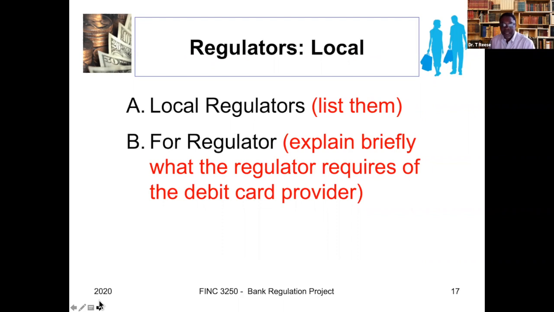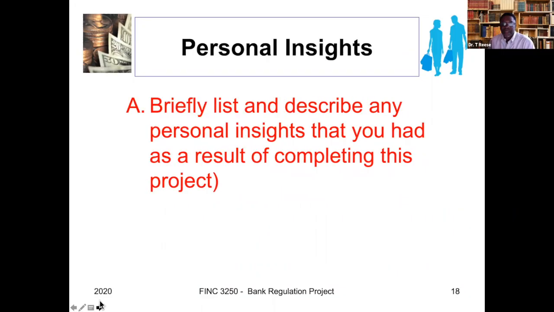List them and explain how they supervise this activity. Again, I have instructions for you in the red font. Please delete that, add the information required, and put that in black font. Briefly list and describe any personal insights you've had as a result of completing this project.